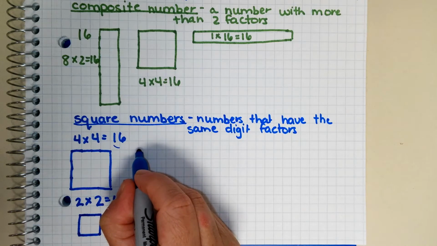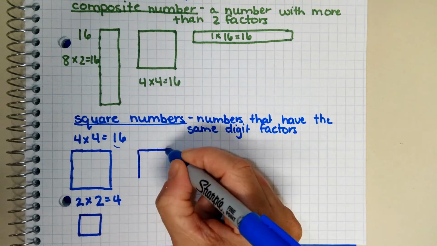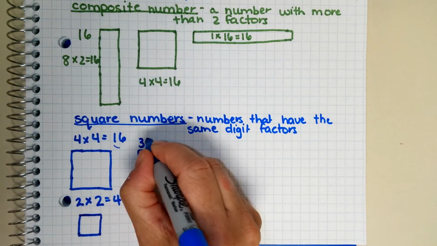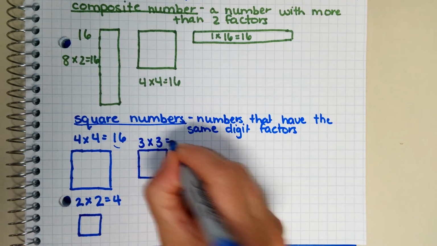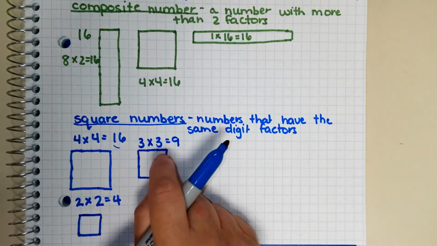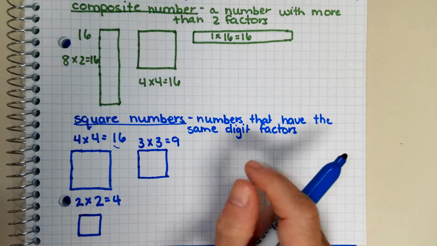Let's think of some other ones. What if we went 3 across and 3 down? This is a perfect square as well. 3 times 3 equals 9. And if I'm ever unsure, I can always count up 1, 2, 3, 4, 5, 6, 7, 8, 9. Perfect square.